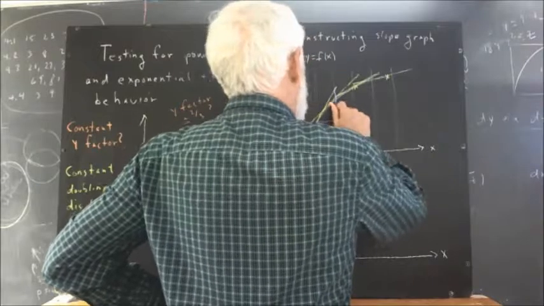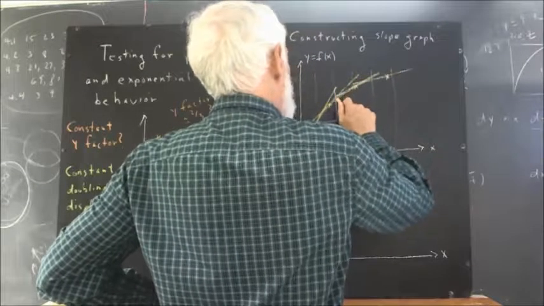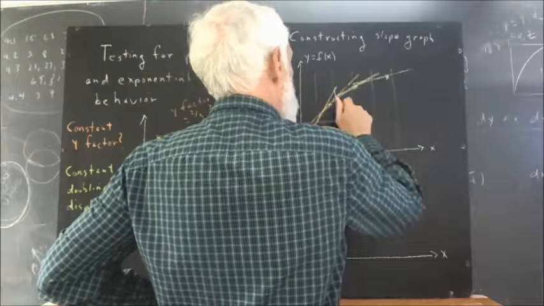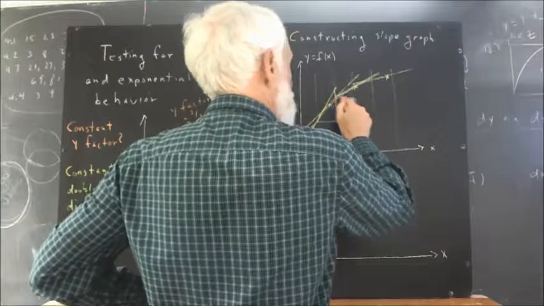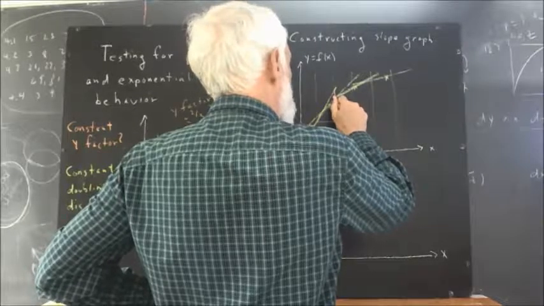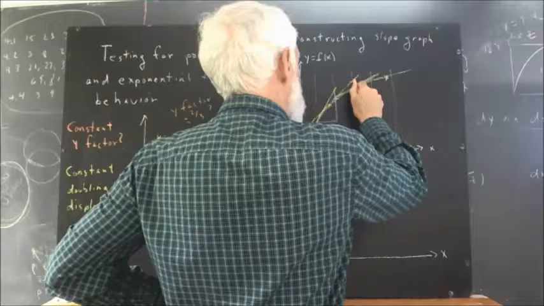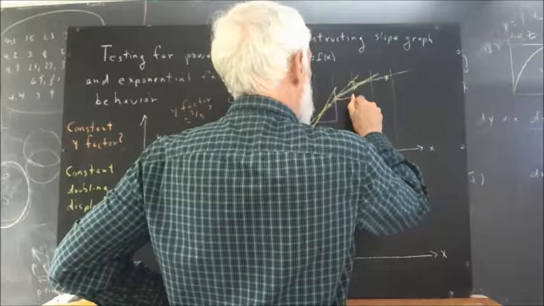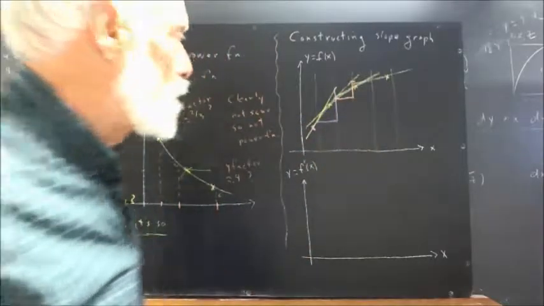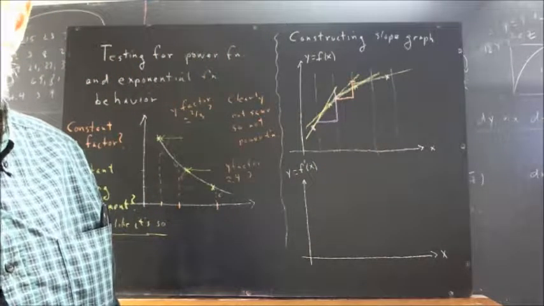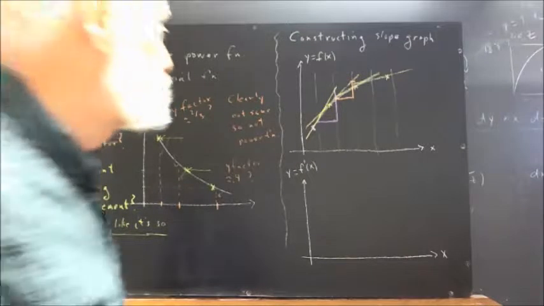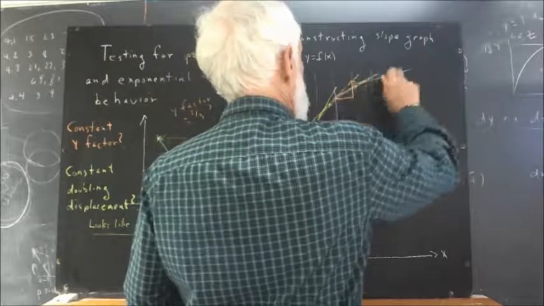Okay, then for this tangent line, which crosses three of the vertical lines, I'm going to pick the point where it crosses this line and the point where it crosses this line, and sketch the triangle I would construct for this line. Then do the same for this tangent line.